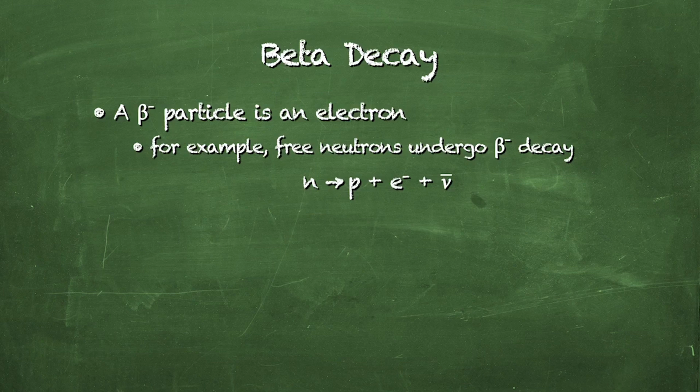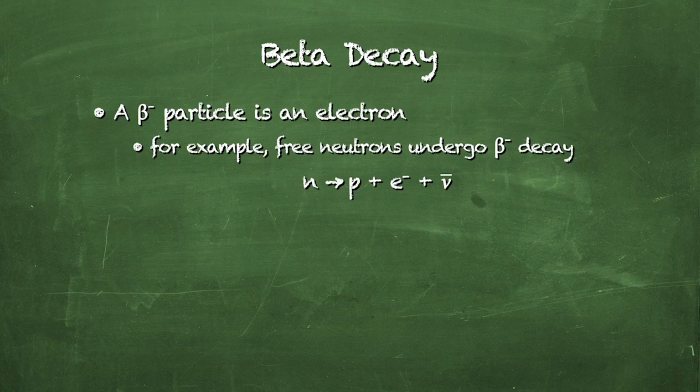The neutron is neutral, the proton is +1, the electron is -1, the neutrino is 0, so we have 0 charge on both sides. And we balanced our electron number. We have an electron number of 0 on the left, and the electron has an electron number of 1, the neutrino has an electron number of -1, and the proton has an electron number of 0. So we have a 0 electron number on both sides.